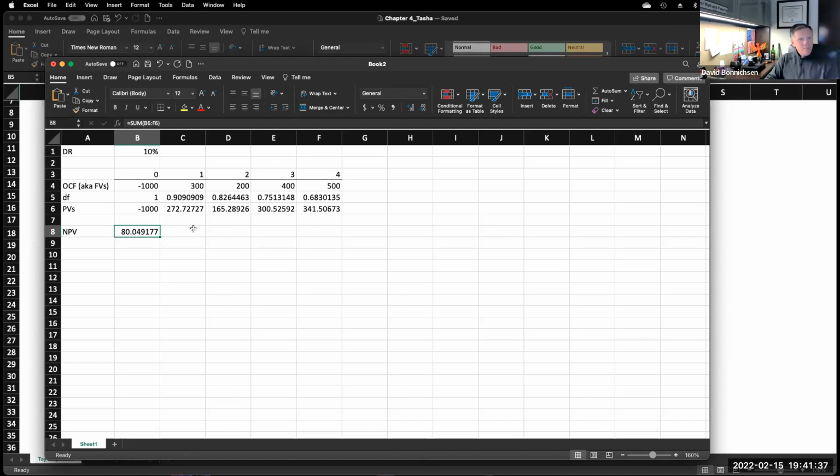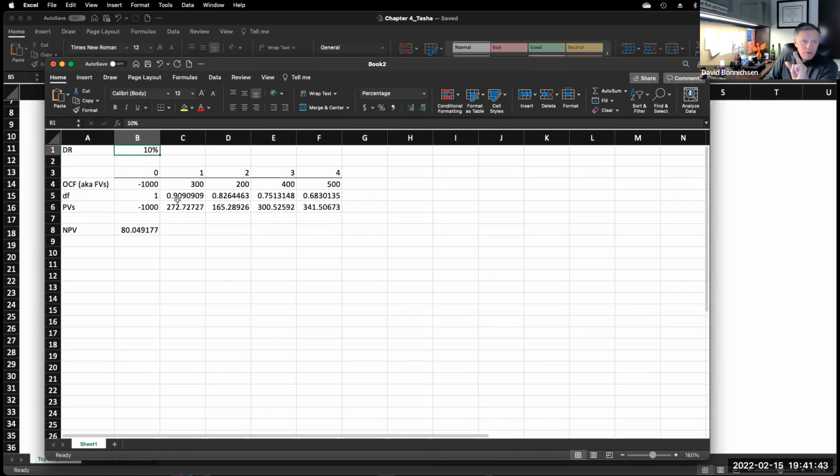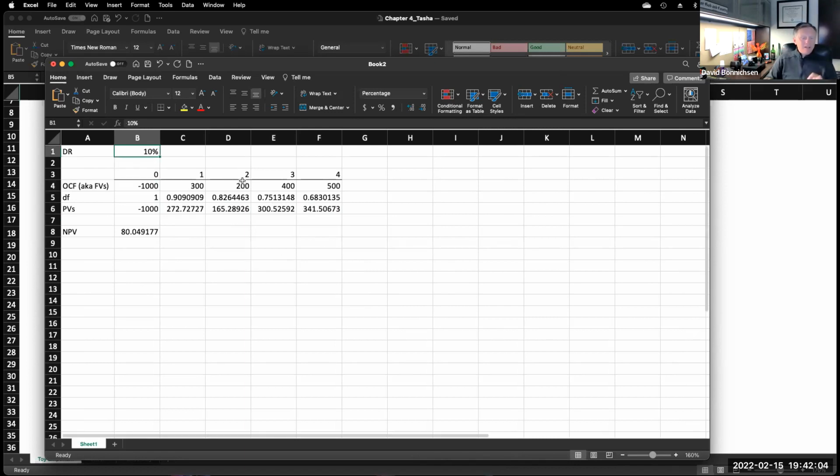Because we've used the required rate of return and we've summed up all of the present values, if the NPV is positive, we are delivering more value to the firm than would otherwise be had if we had left this $1,000 in the current investments that only delivered 10%. Does that make sense?